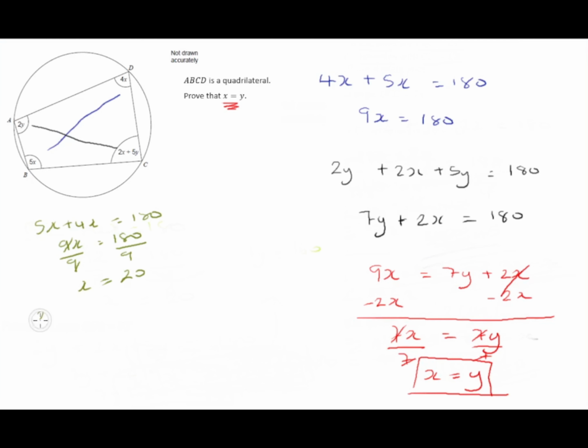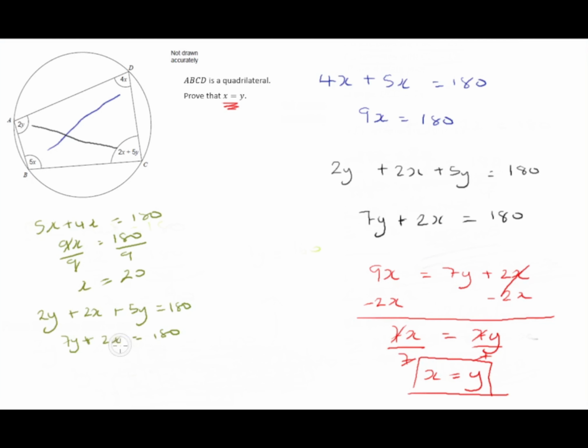So let's add those angles. We have 2y plus 2x plus 5y equals 180 degrees. Now let's simplify the left-hand side of the equation. 5y plus 2y gives us 7y plus 2x, which is equal to 180 degrees.